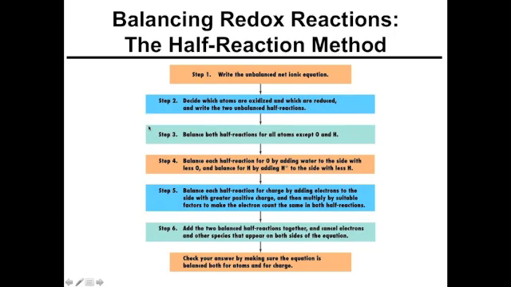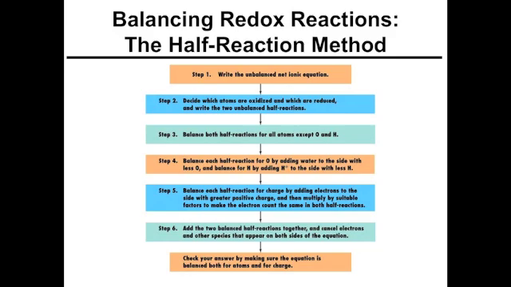So in step 3, we balance each half reaction for all of our atoms except for oxygen and hydrogen. And we do that by adding coefficients to either side, the reactant or product or both. Step 4, we balance our oxygens and hydrogens.